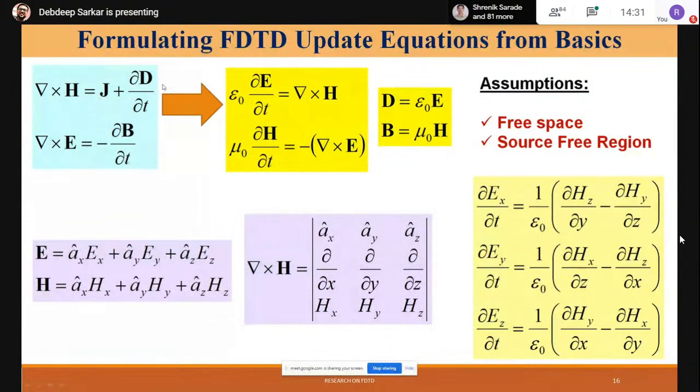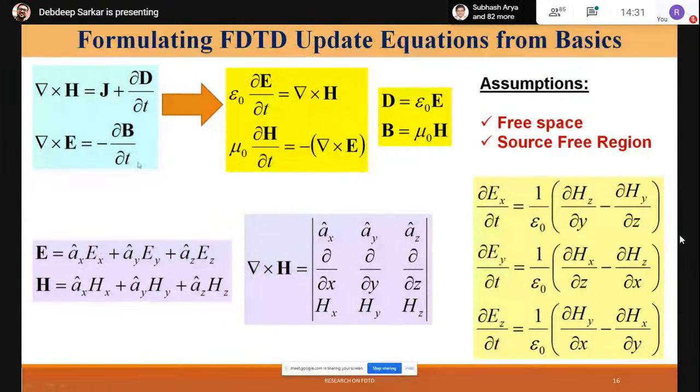This is also another important point. Let us see what we have here. We remove this J because we are working in the source-free domain and also lossless free space, so that J part we can ignore for the time being. Since we are in free space, the constitutive relations become very simple in the space-time domain also, so epsilon naught and mu naught replace the permittivity and permeability.